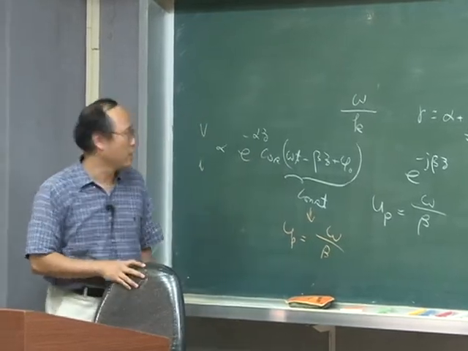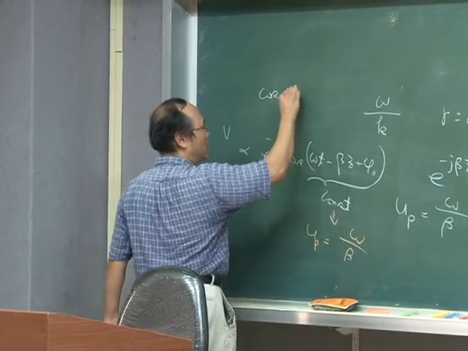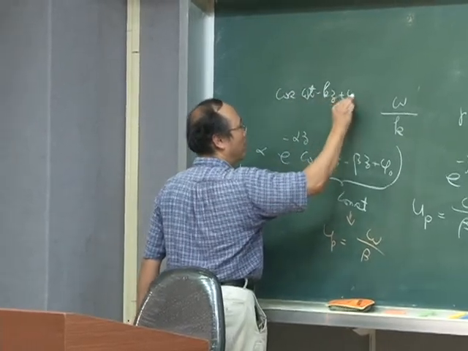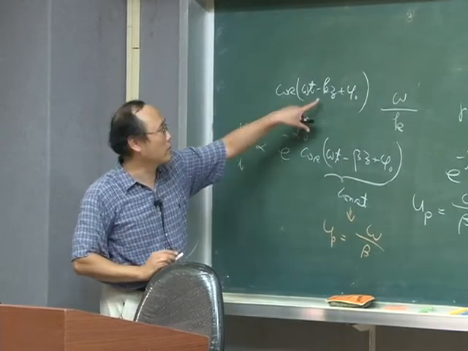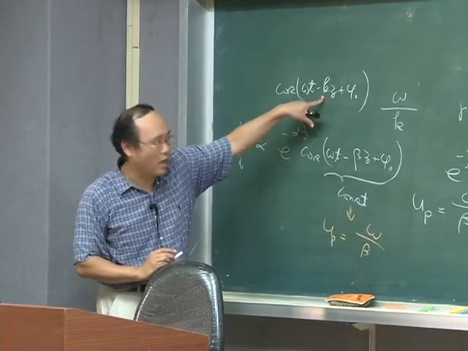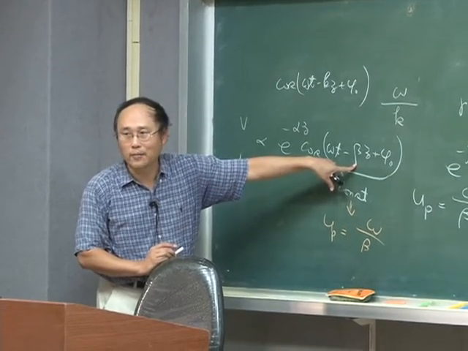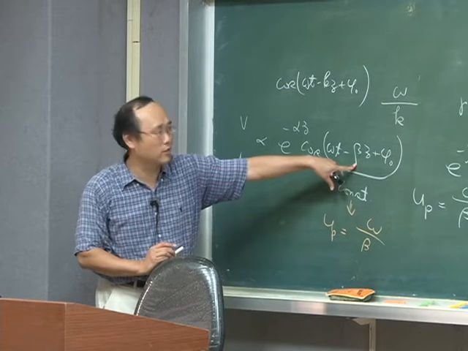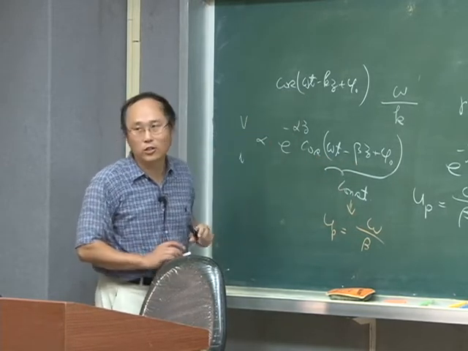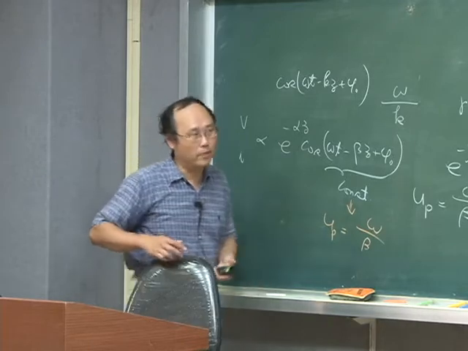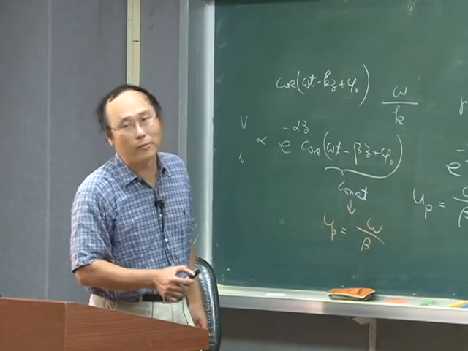Okay. Previously, we had an expression that is cosine omega t minus kz plus phi 0. This is a plane wave without attenuation, and we use a symbol k. Now we use a symbol beta to tell you the difference between a wave with attenuation and a wave without attenuation. OK, 所以呢，这时候你会看到这个式子改写成 omega over beta.